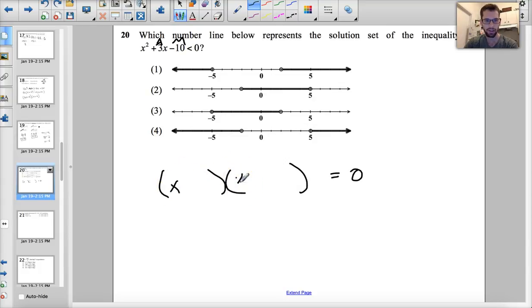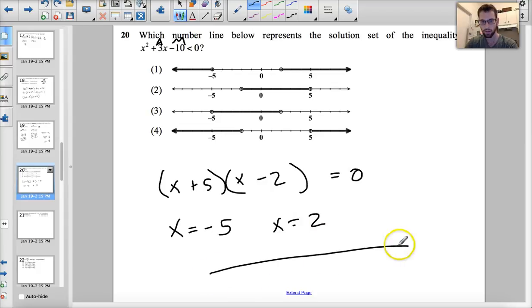That looks like it is going to be a positive 5 and a negative 2, which means my two solutions are x equals negative 5 and x equals positive 2. So I'll put those on a number line, negative 5 and 2. And it's a less than, so I'm almost certain I'm going to be shading in the middle. They're going to be open circles because it's just a less than sign.